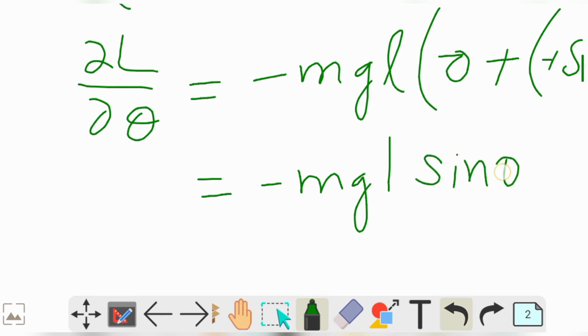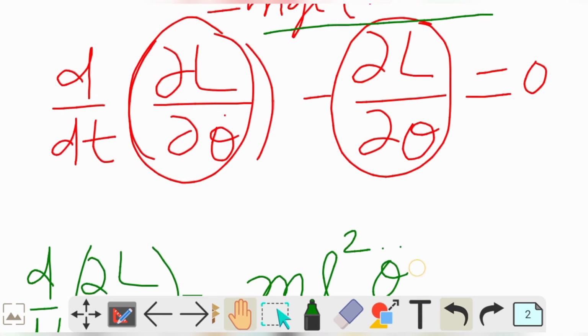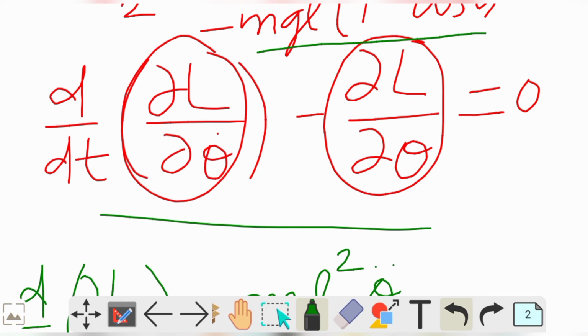So what is the equation we are going to get? The equation is this term minus this term.